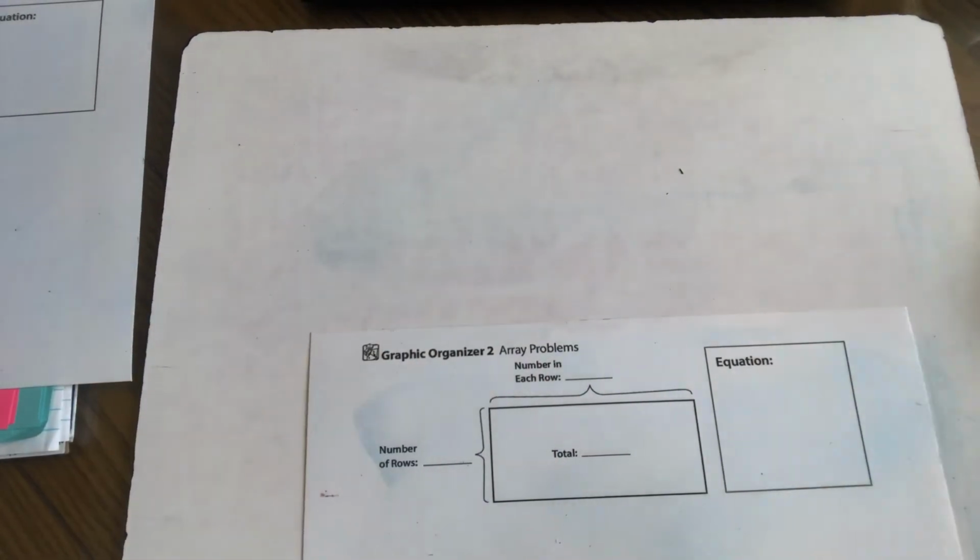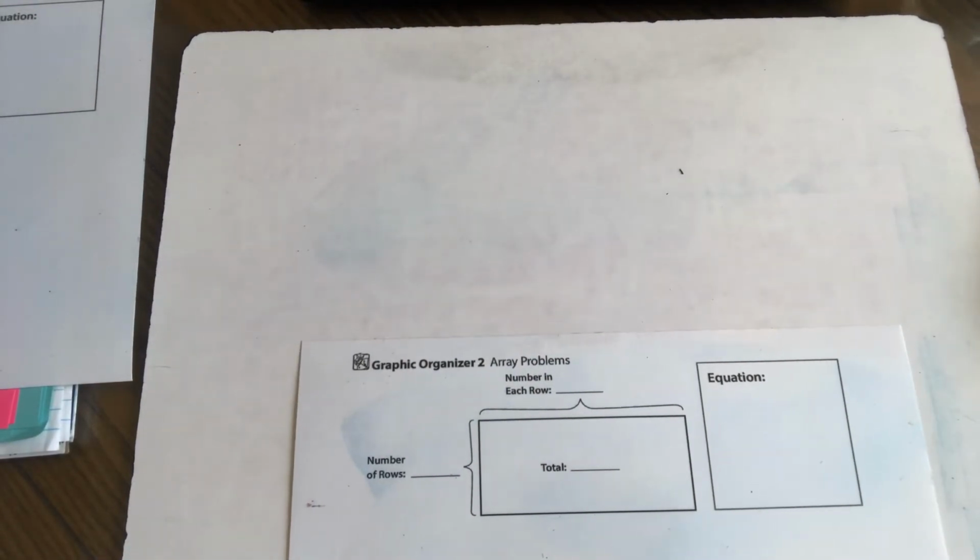Okay. I went to the post office a little bit later to pick up a package, and right there on the wall, I saw 8 rows of mailbox doors with 10 in each row. So think about that story.